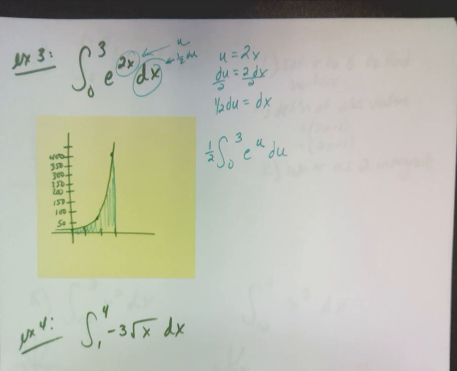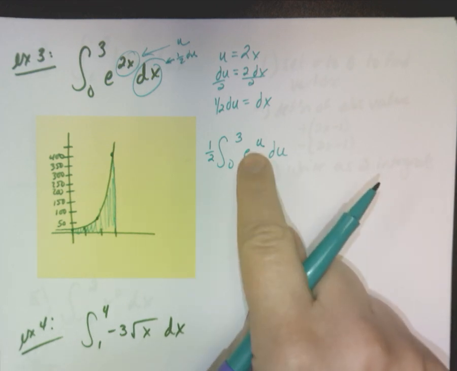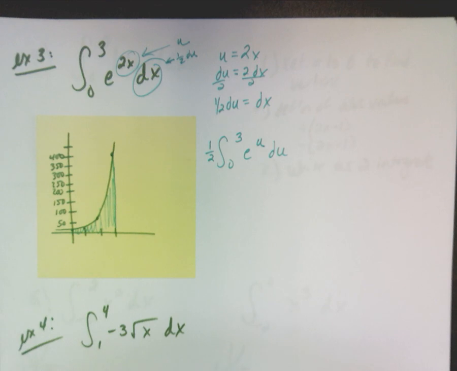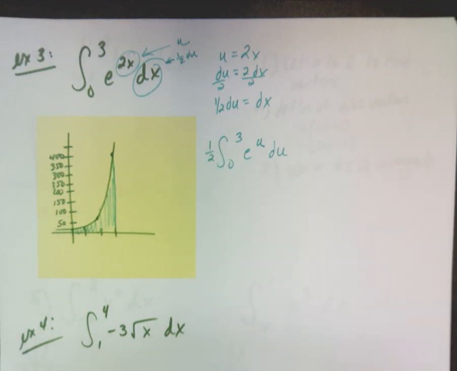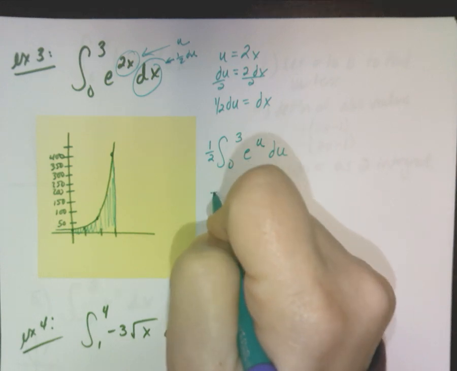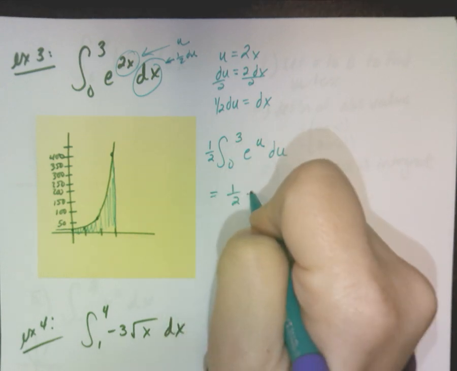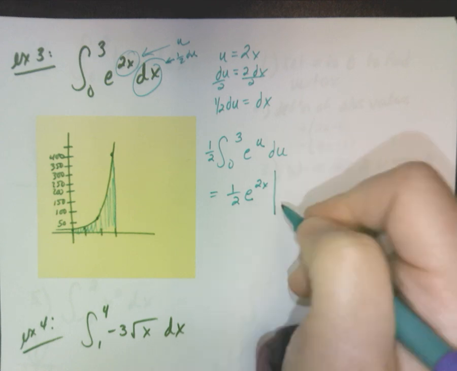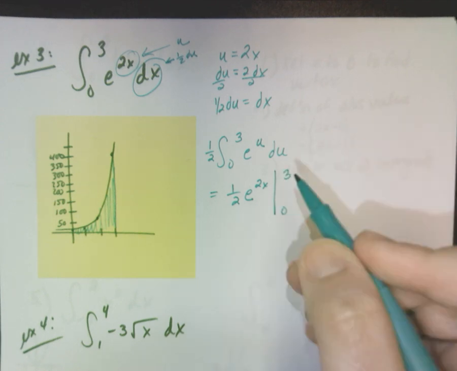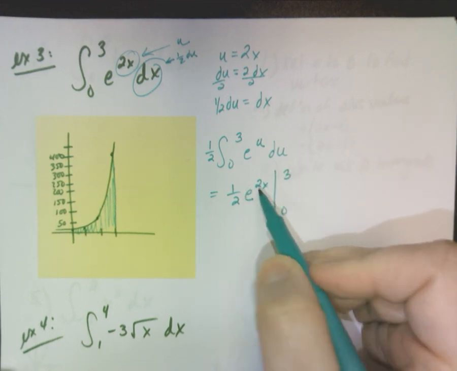And now what is the formula to integrate an e to the u? That's just e to the u plus c, but we don't need to write the plus c. If there's a 1/2 in front, we just attach that 1/2. So this would just be 1/2 e to the 2x. And now I'm going to integrate that from 0 to 3, meaning I'm going to plug in my upper bound 3.